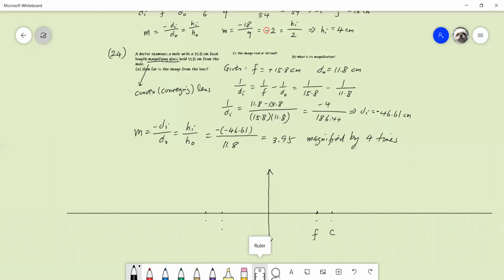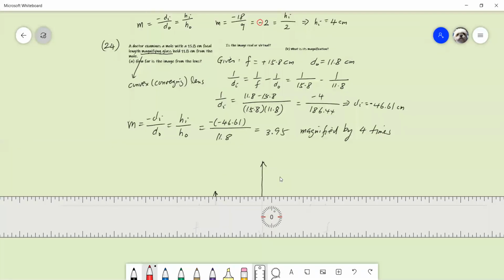No, I drew it wrong. Yeah, what I'm doing. This should be F, right? And that should be the location of the object. Right, am I right?